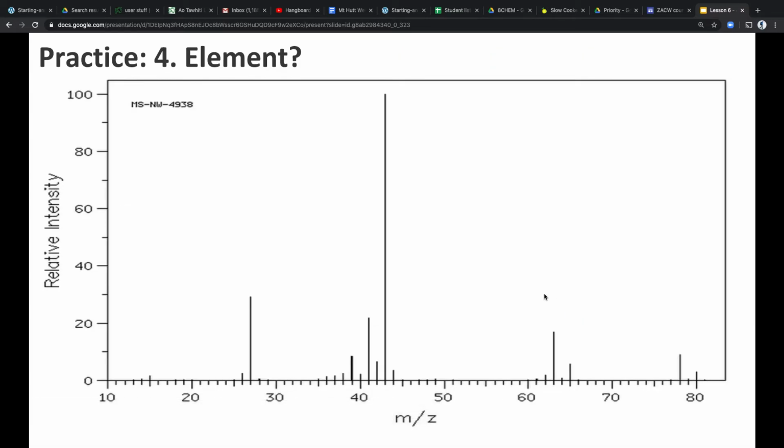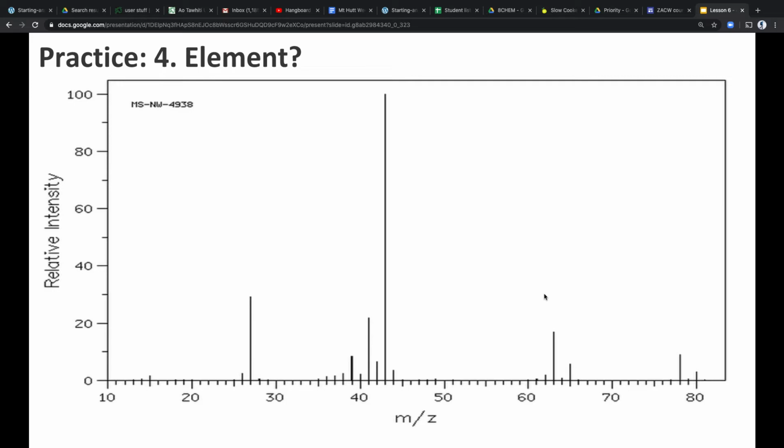Okay, what about this one? I see a couple of examples that tell us what's in there. Two up from your molecular ion peak, you have one that's about a third of the size, so it's going to contain chlorine. So you're looking around 78 and 80. But I also see the same thing happening in a fragment at 63 and 65.